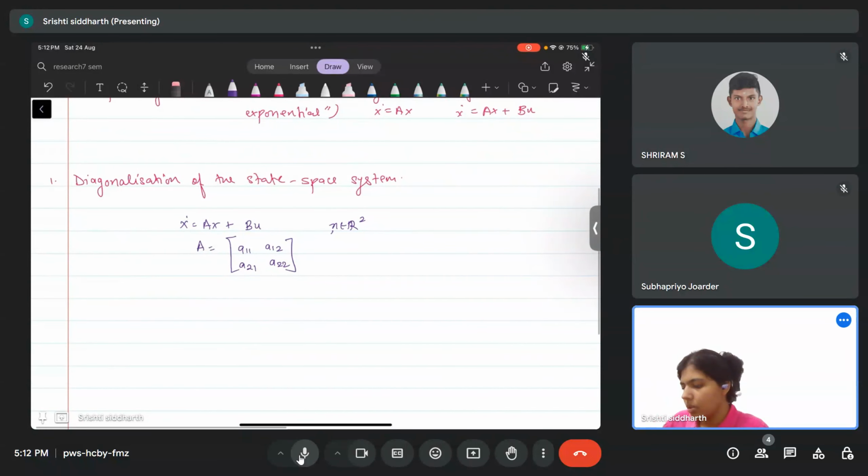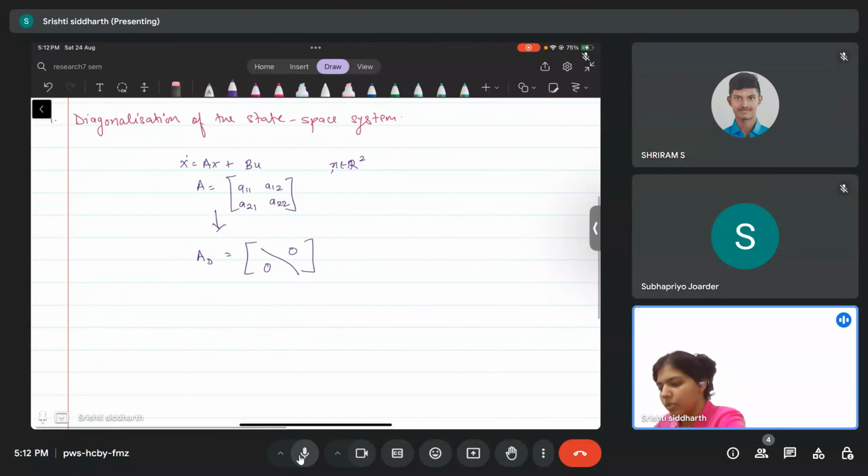The objective is to convert this A matrix into some new A matrix, let's call it the diagonal matrix AD, such that the only non-zero elements are on the main diagonal and we have zeros on the rest. We can recall from the lecture that this is equal to lambda 1, lambda 2, zeros, for the simple second order case.